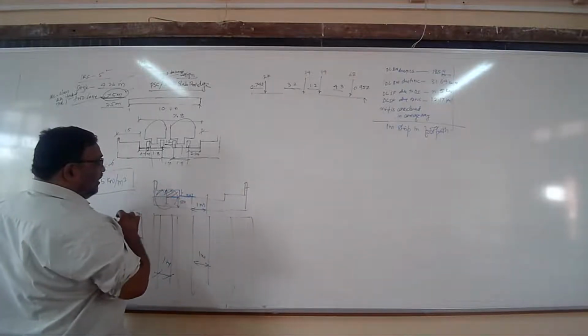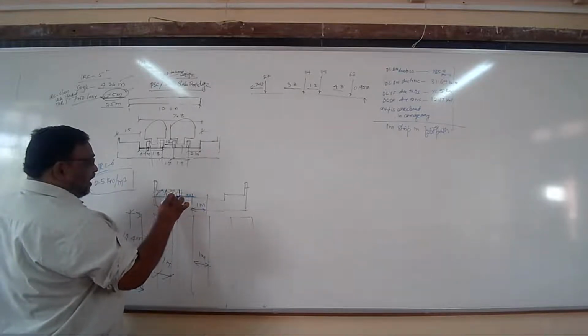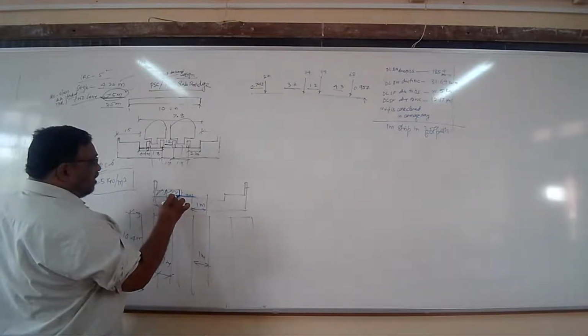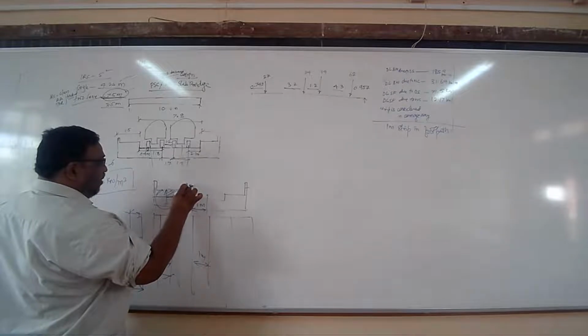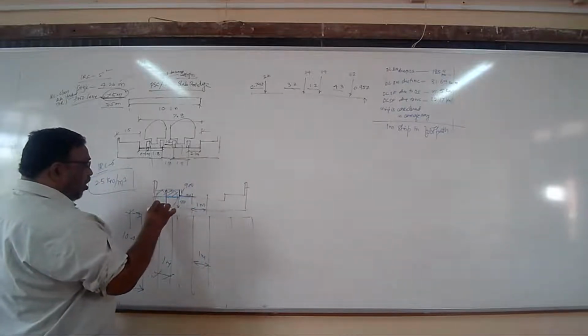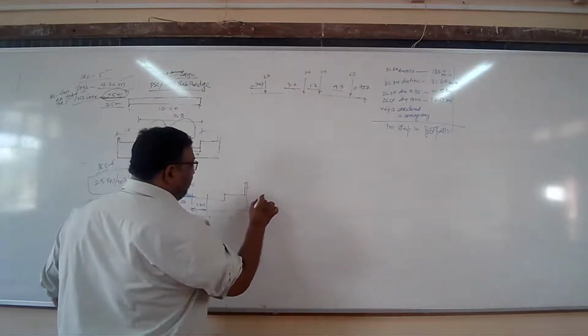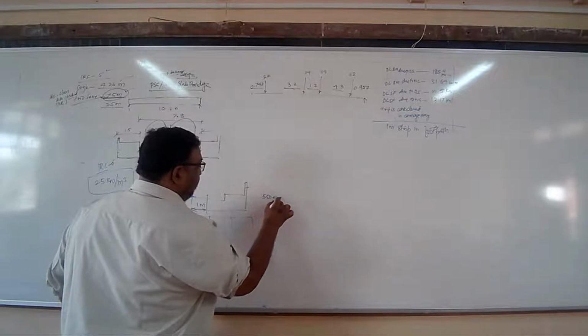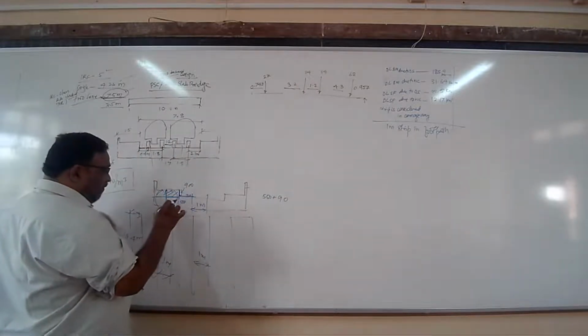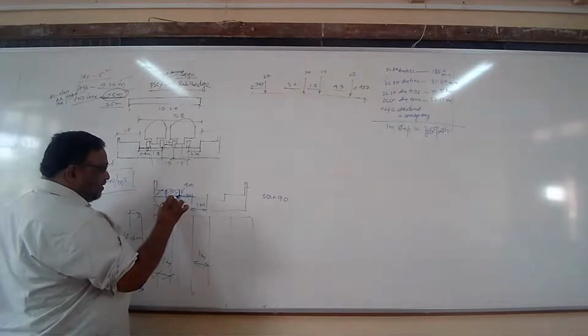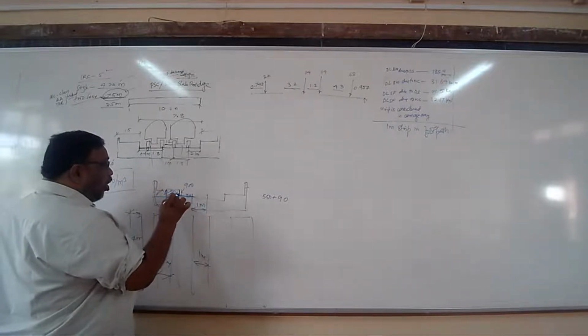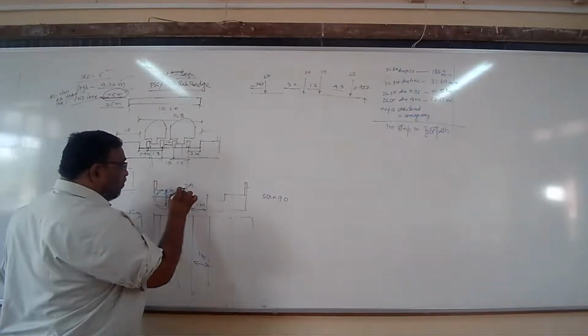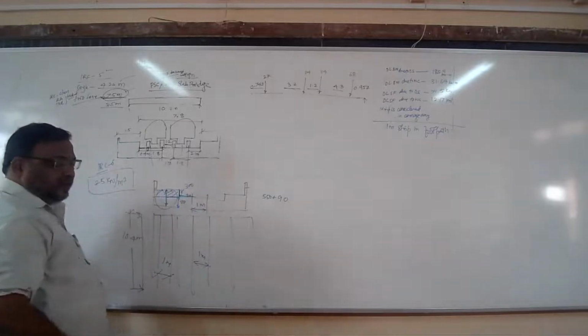Plus the clear depth of this curb above the bearing coat is 300 mm. So how much will the overall depth of the footpath be? That will be 550 plus 90, because 550 is the deck slab plus this 90 mm is the bearing coat, और bearing coat के ऊपर 300 mm का कर्ब दिखना चाहिए ऐसे बताया.